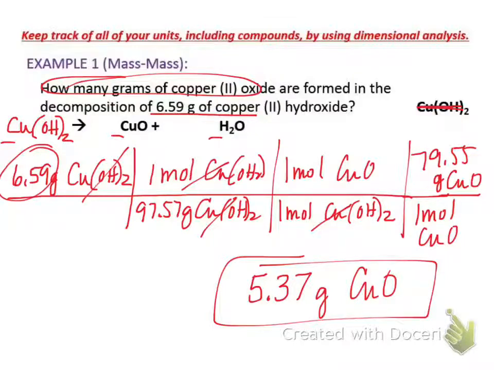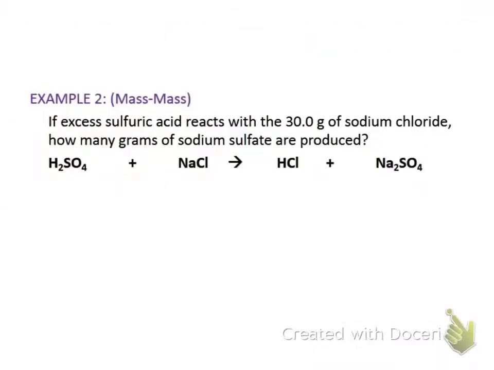All right, let's work another one then. No crying. Okay. First step is balance the equation. How do I balance this? What do I need? I need a 2 here and a 2 there. All right.